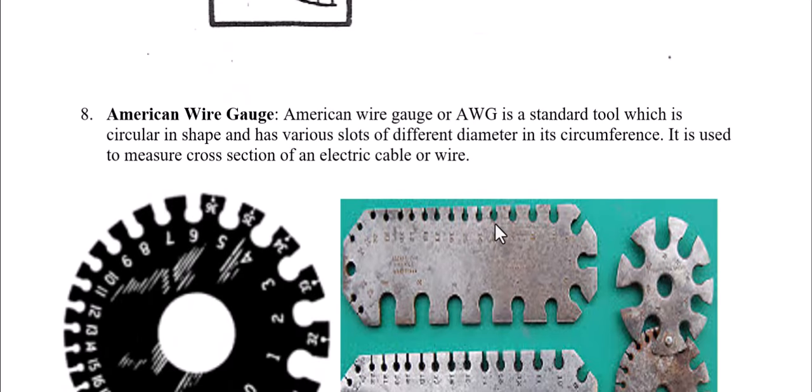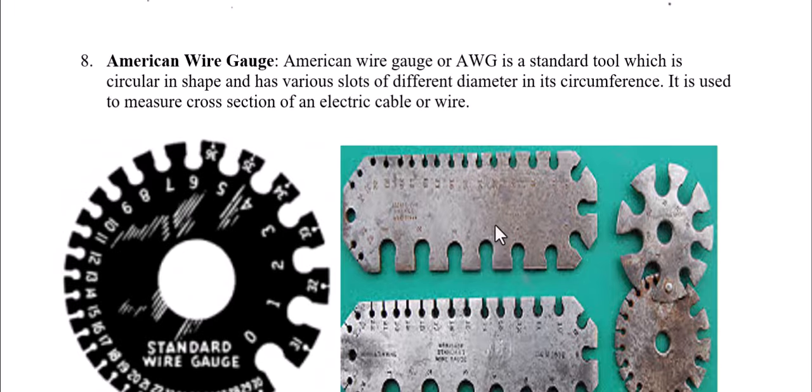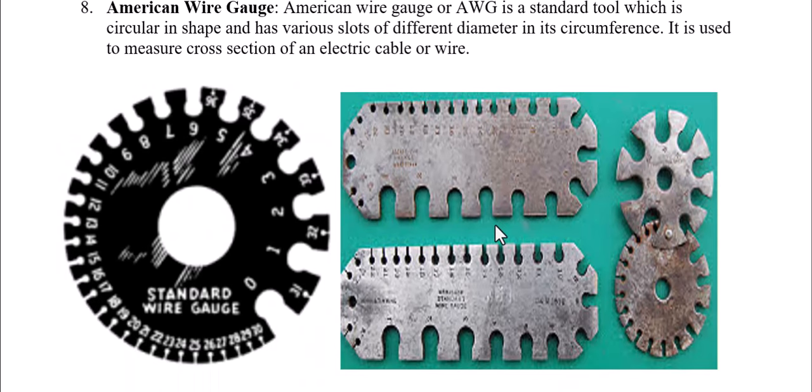Then we have a wire gauge. The wire gauge is a device which is used to measure the diameter of the wire, compared to the vernier caliper and micrometer screw gauge, which are also used to measure the diameter. What you do is insert the wire inside these holes.